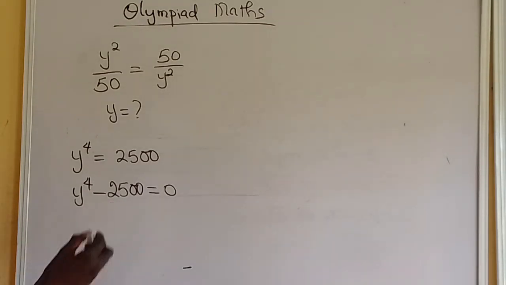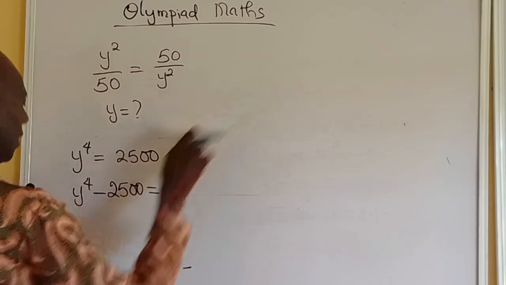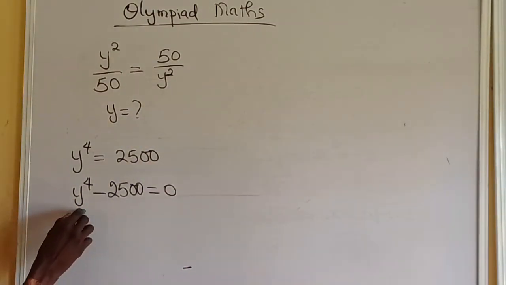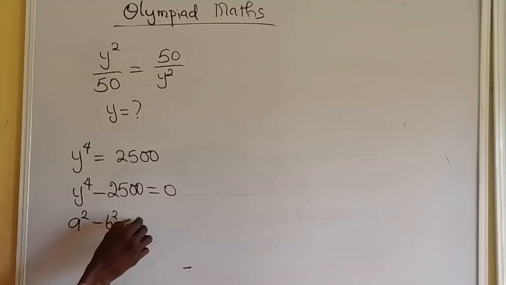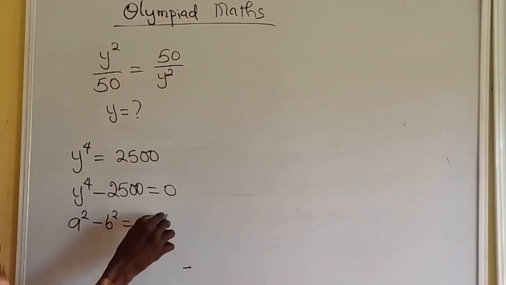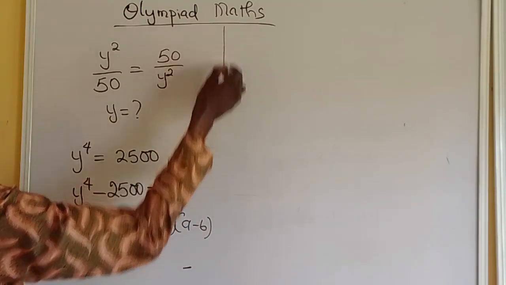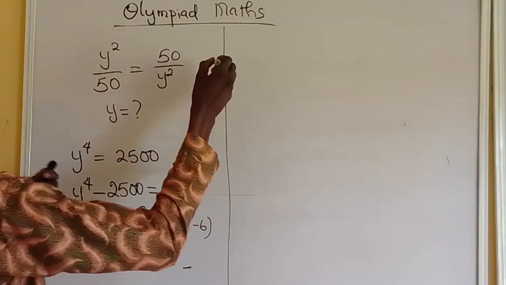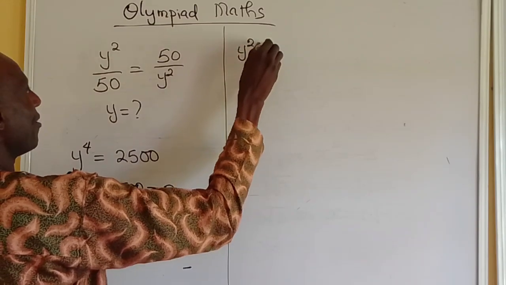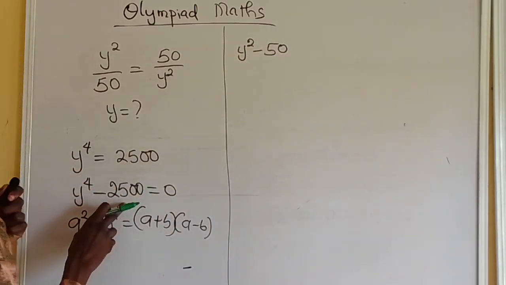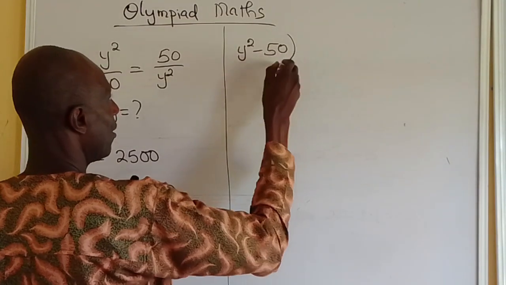Now let us apply difference of two squares: a squared minus b squared is equal to a plus b, then a minus b. Let us apply it here. Here is y raised to the power 2 minus 50. I'm breaking it down now. The square root of 2,500 is 50.